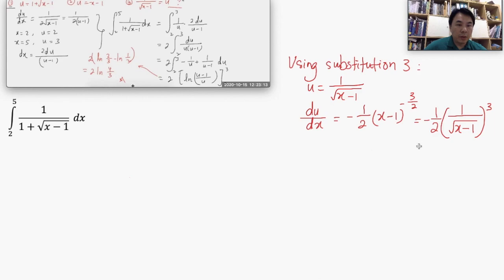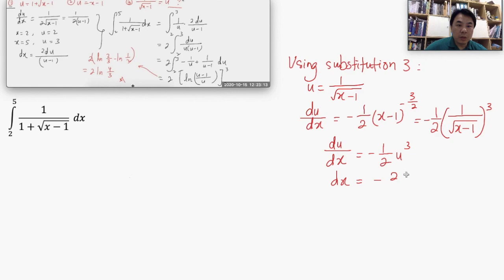So I could have written this as du/dx. I'll rewrite that again as negative 1 over, because 1 over the square root of x minus 1 is u, therefore there is actually u to the power of 3. And then for that, I can write dx as the subject. That would actually give me a negative 2.